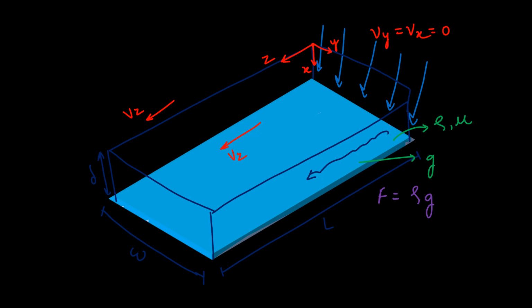It's acting on this x plane, so delta x into W L, the width and length of the flat plate. So this is my force acting on it, while the shear stress that is acting on it.